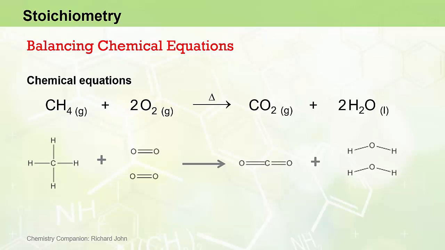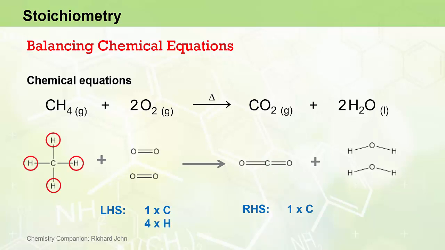Remember, a chemical equation is simply a rearrangement of atoms. So in this particular representation, we can see we've got 1 molecule of methane reacting with 2 molecules of oxygen to produce 1 molecule of carbon dioxide and 2 molecules of water. By using structural formulas, we can easily track how the atoms are being rearranged. For example, on the left-hand side, we have 1 carbon atom tied up in the methane molecule, and on the right-hand side, we also have 1 carbon atom tied up in the carbon dioxide molecule.